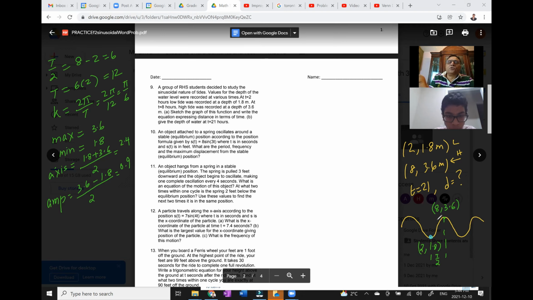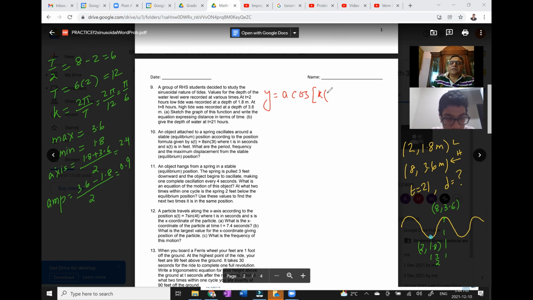So I will give you two equations on this. Because we are working with maximum and minimum, we should write the equation in cosine. Is that okay? D equals a cos of k, and I should write d actually instead of y, so I'll make it d.